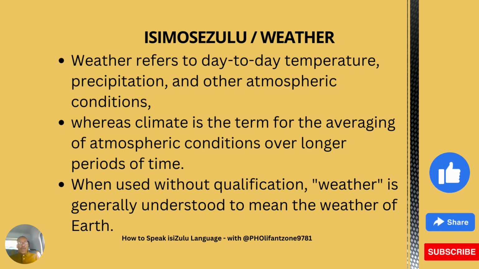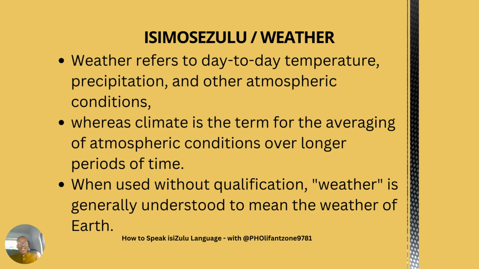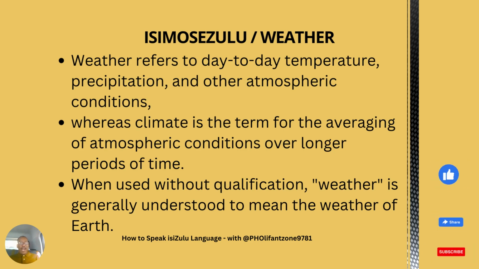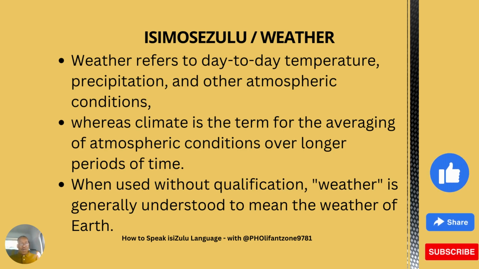So, weather refers to day-to-day temperature, precipitation, and other atmospheric conditions, whereas climate is the term for the averaging of atmospheric conditions over a longer period of time. So when used without qualification, weather is generally understood to mean the weather of Earth.